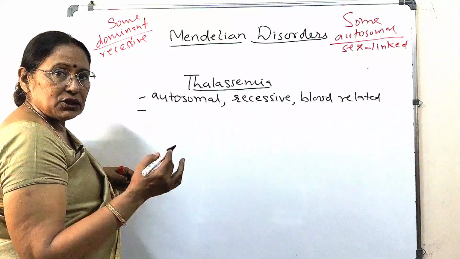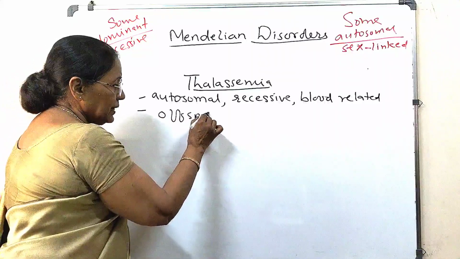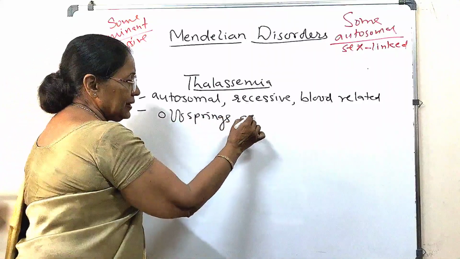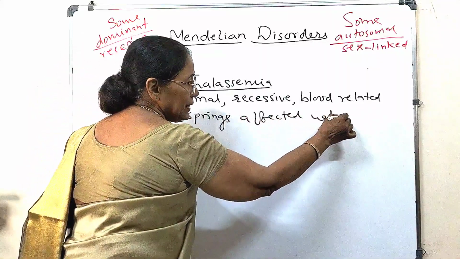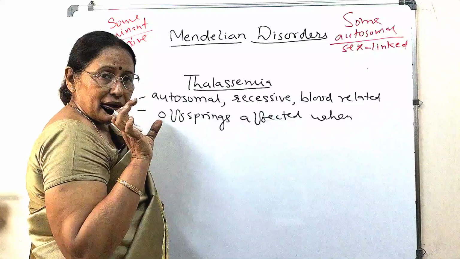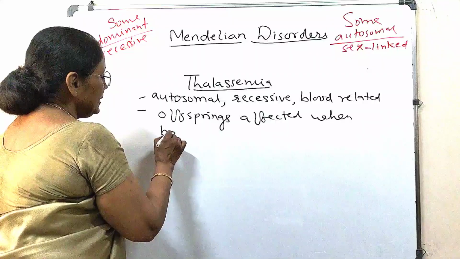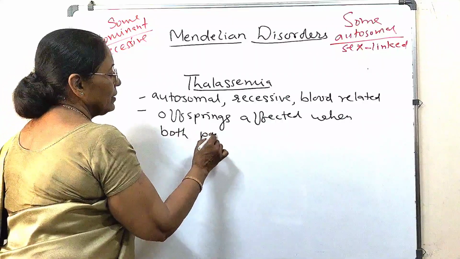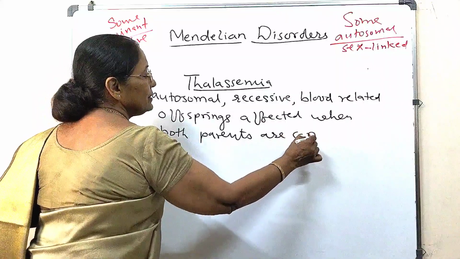This is transferred to the offsprings. The offsprings get affected when both the parents are having one allele for it. They are carriers. When both parents are carriers for the disease.